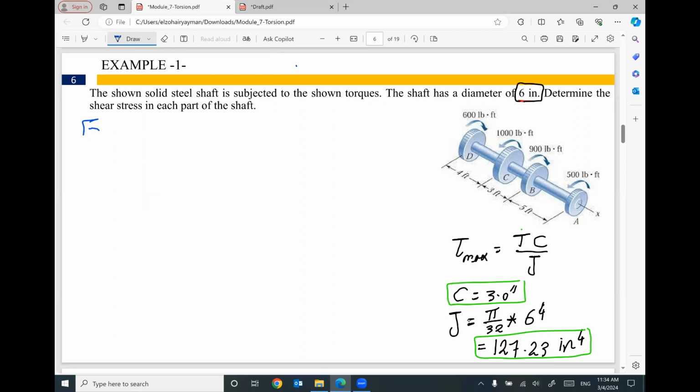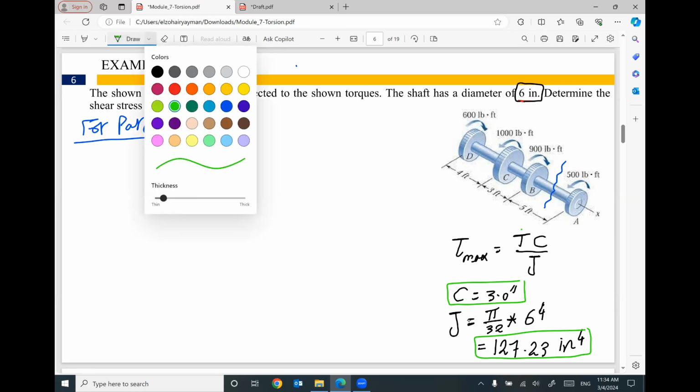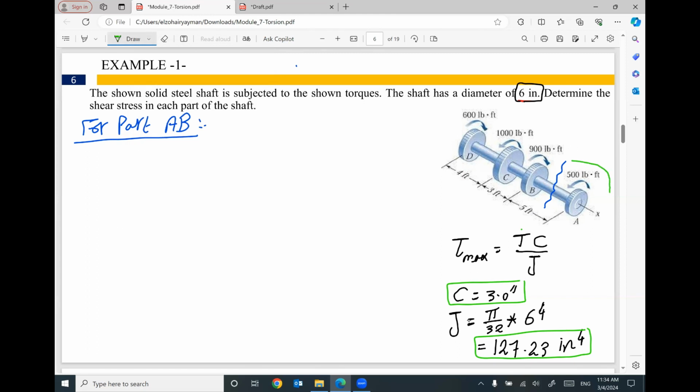So for part AB in this shaft, I'm going to cut anywhere in part AB. I have two options. I can use the right side or the left side. It's up to you, but I'm going to use the smallest one, so I'm going to use the right part.